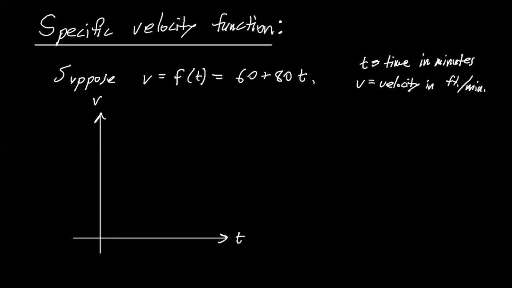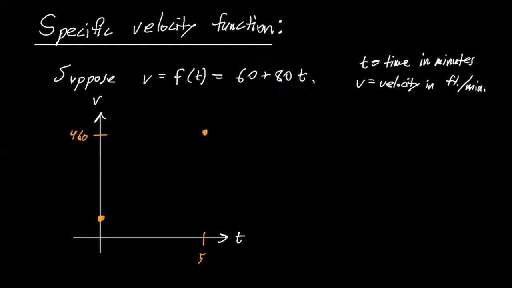We know it's at 60 when time is 0, and when time is 5, if we plug in 5 for t right here, we get 5 times 80 is 400, so 460. So we're going to have height 460 here, and it's about like that.